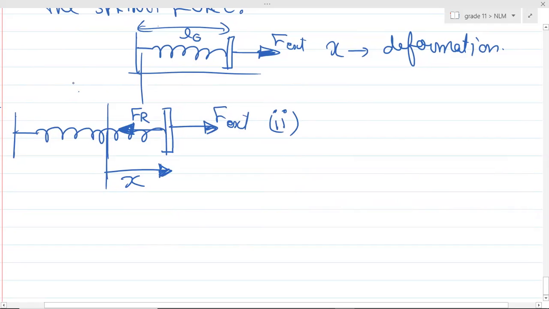So basically, this is the case for expansion.